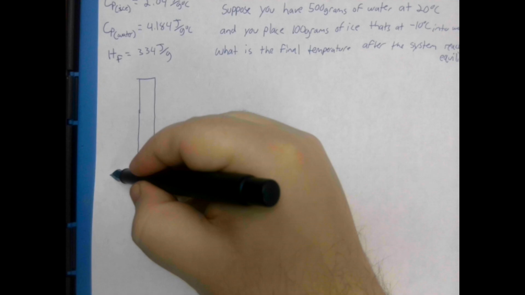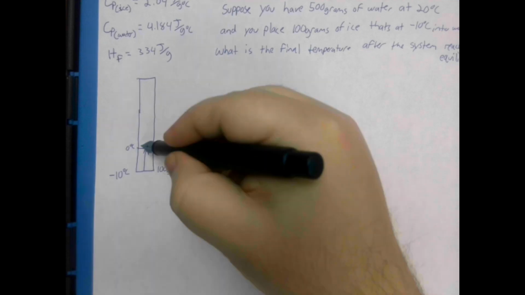The ice is going to heat up to 0 degrees Celsius and melt. And then the ice is going to reach some final temperature that I'll call X.